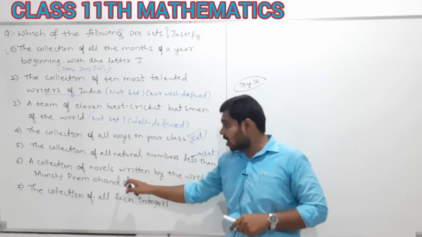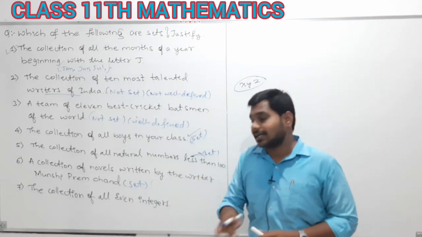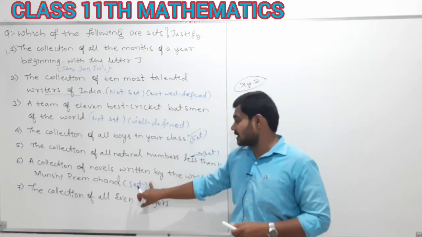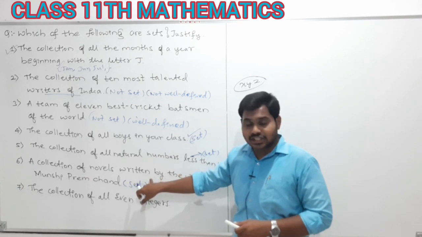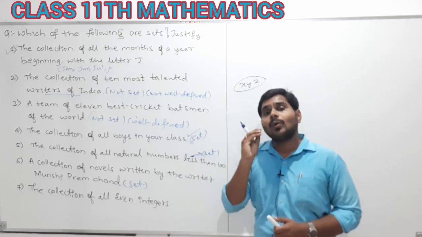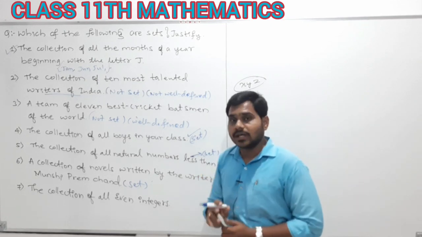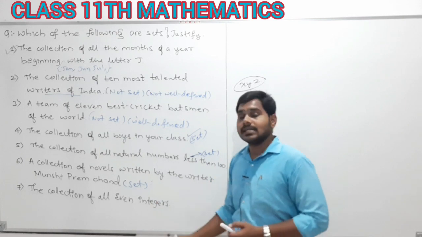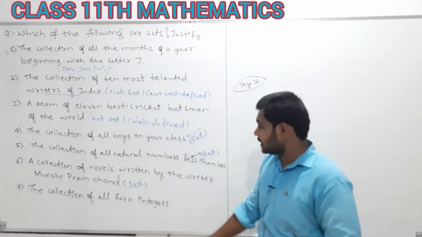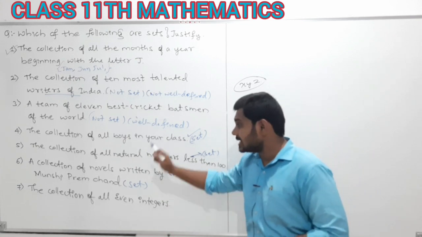If I give the writer name Munshi Premchand, then you will confirm that this book is contained in this collection. It means one can easily identify whether the given book is contained in this collection or not. So therefore it is well defined. So therefore it is a set.